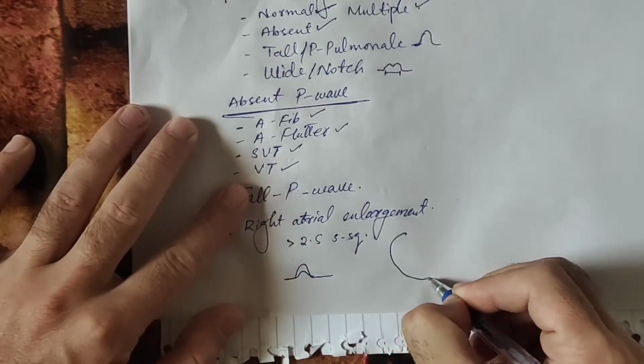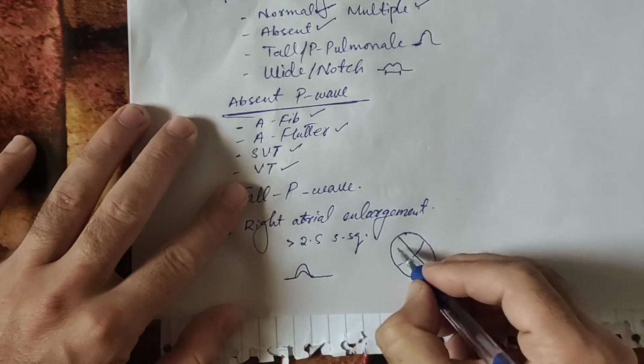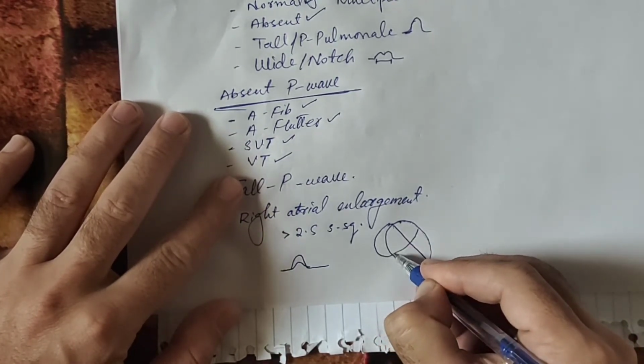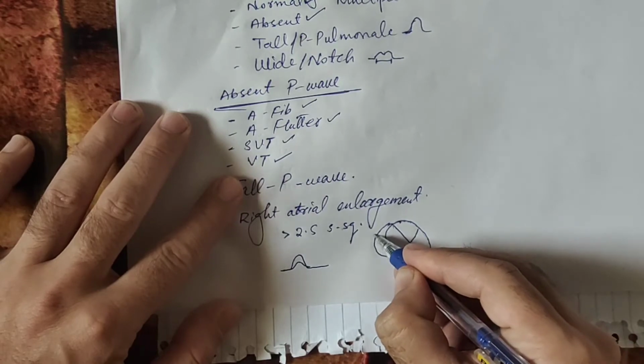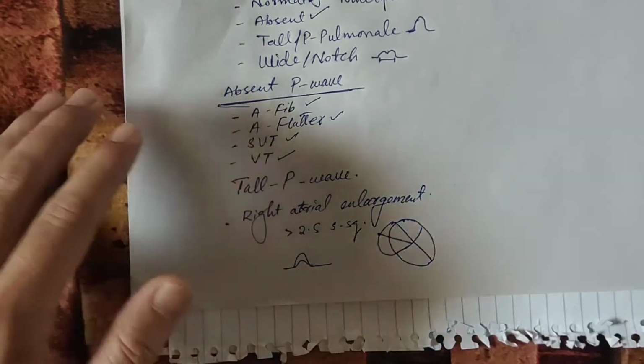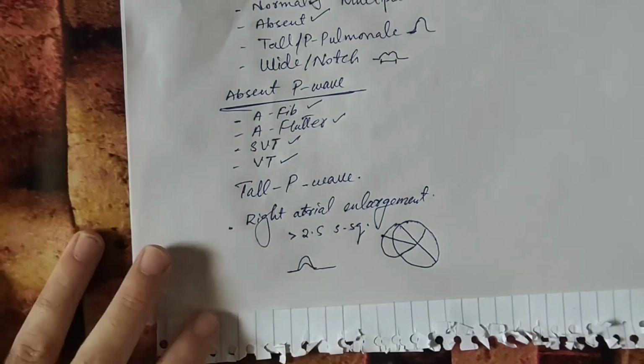So how is the tall P-wave formed? We have this heart. When there is enlargement of the right atrium, it takes more time than normal for the electric current to travel from the SA node to the AV node.